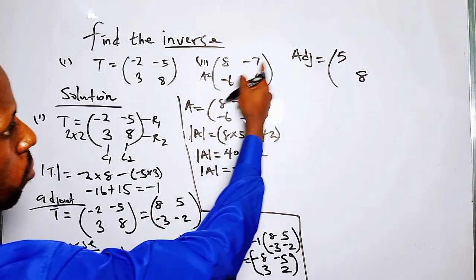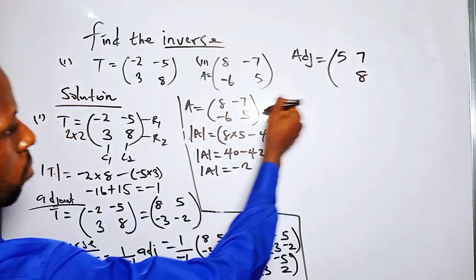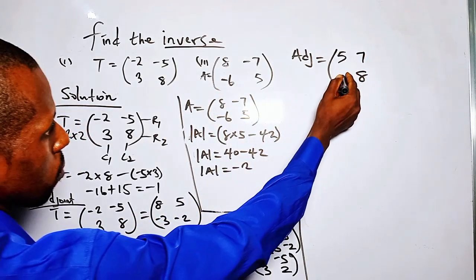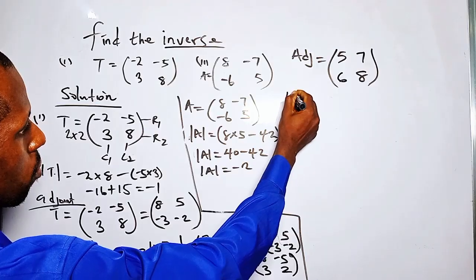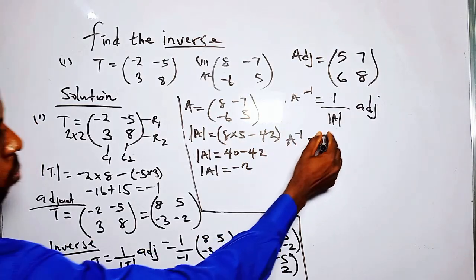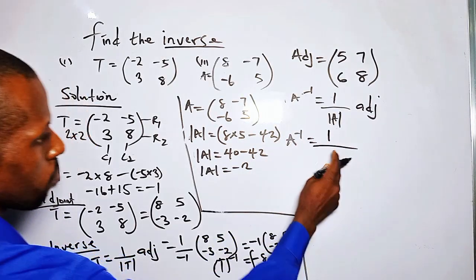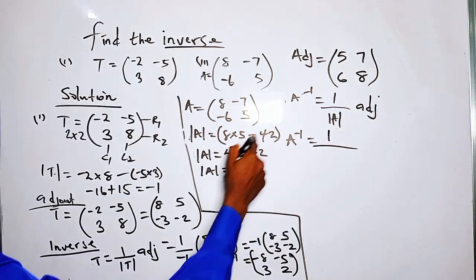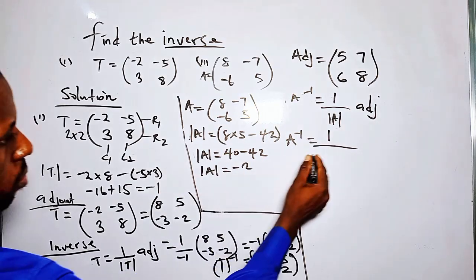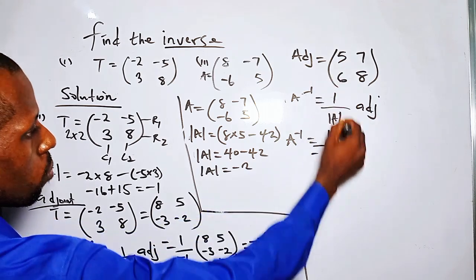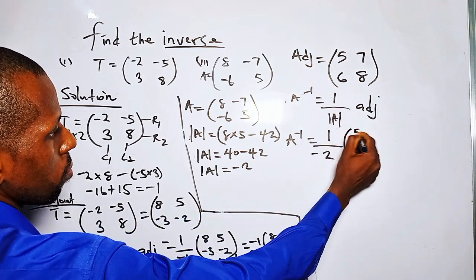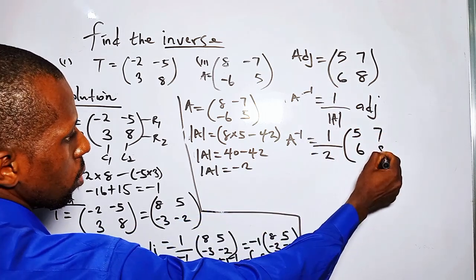So for -7 we have +7, and for -6 we have +6. For the inverse, we have 1 over the determinant of A, which is -2, multiplied by the adjoint, which is 5, 7, 6, 8.